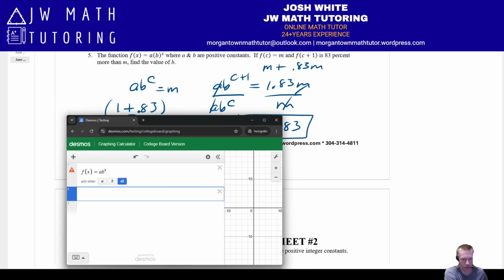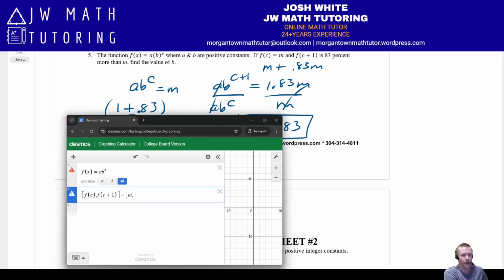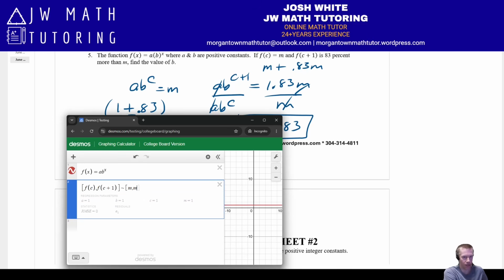Obviously b you're not going to define a value for because you're solving for it. So let me just check. It should basically work out such that we don't have to pick a number for a. It'll pick a number for us. So f of c is equal to m. And then f of c plus 1 is 83% more than m. In other words, m plus 83% of m.